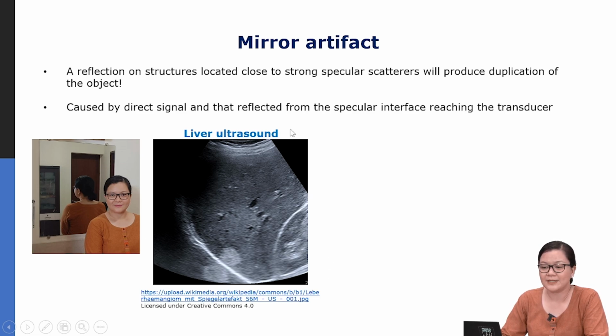For example, in this liver ultrasound image, you can see that the transducer is propagating its signal down to a certain location here. You have this really bright echo from a specular scatterer right here, and because of this mirror artifact, the specular scatterer actually acts as a mirror. And so you can see a similar structure observed at this region of the image.